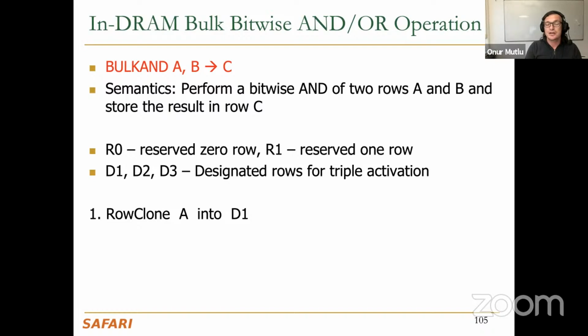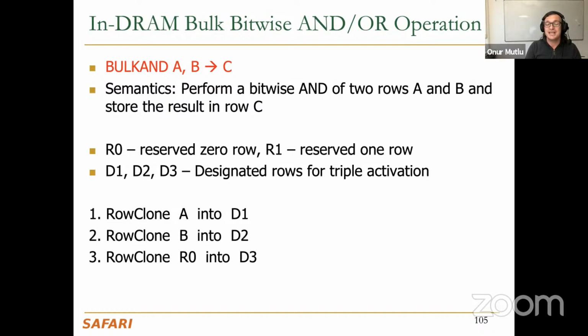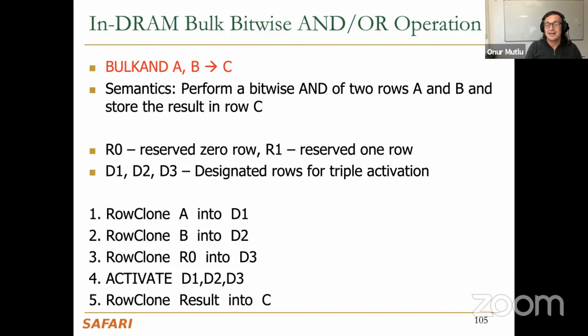Now, if you want to do this, you RowClone A and B into D1 and D2, these designated rows in the special DRAM subarray, do the triple row activation, and then RowClone the result into a destination row that's not part of the triple, because the result is actually stored in all three of the designated rows at the same time after you do this operation.